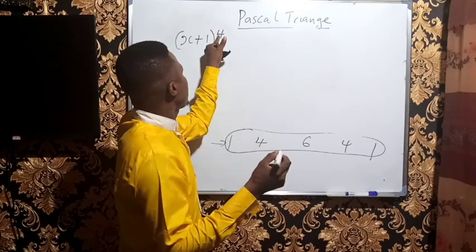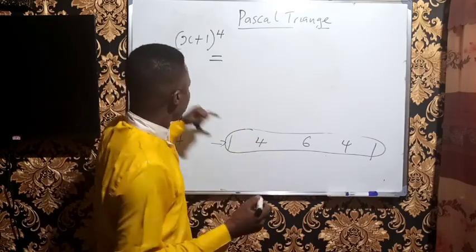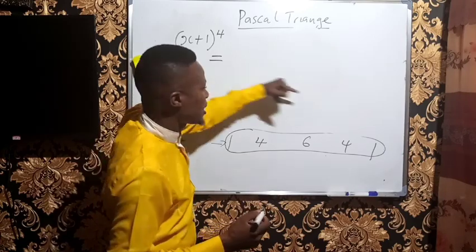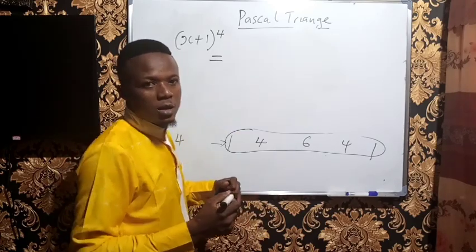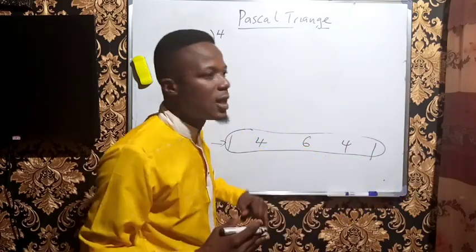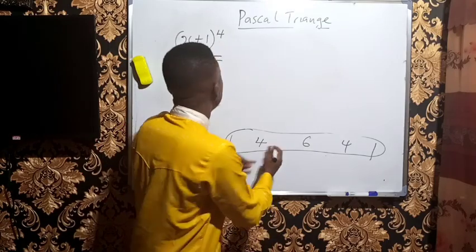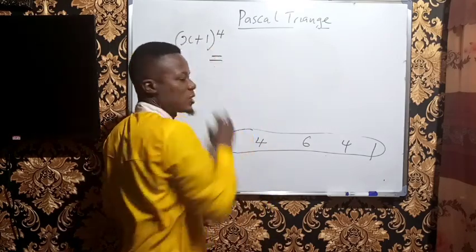Assuming the power is 5 here, I'm going to take the fifth coefficient. If the power is 3, I'm going to take the third one, and so on and so forth. The idea here is to learn how to draw this triangle, the trend, how it increases, so that your power will determine the coefficient you are taking. And this is the power of 4. That's why I'm taking this to expand this expression.